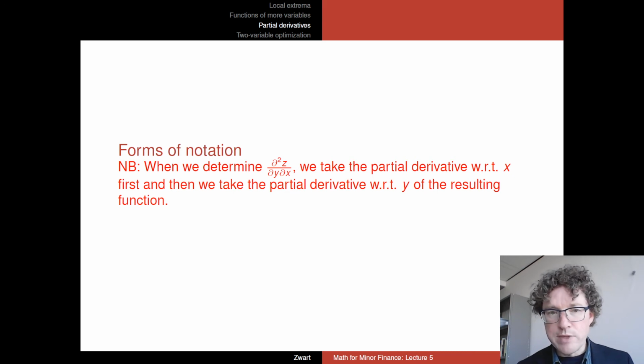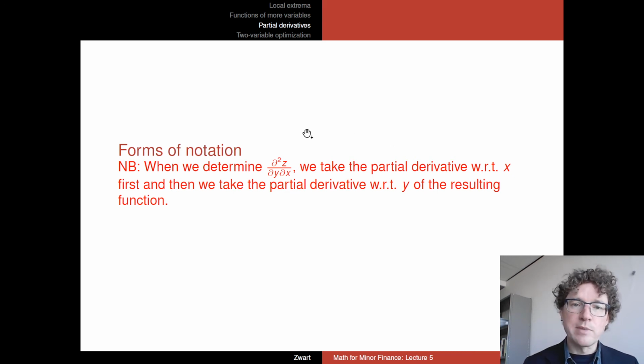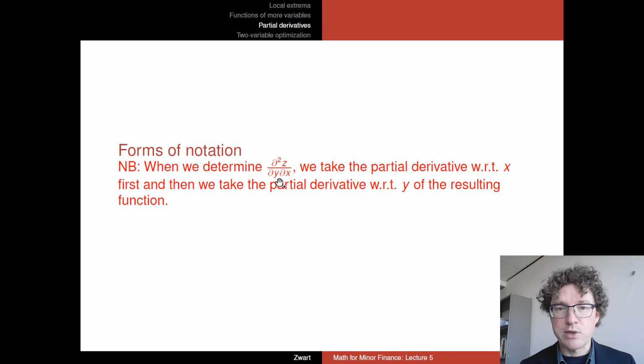So just to be sure, when I write d squared of the function z divided by dy dx, what I mean is I first take the partial derivative with respect to x, so the one which is rightmost here, and only after that I take the d dy, so the derivative with respect to y, of that result. So that's what this means.